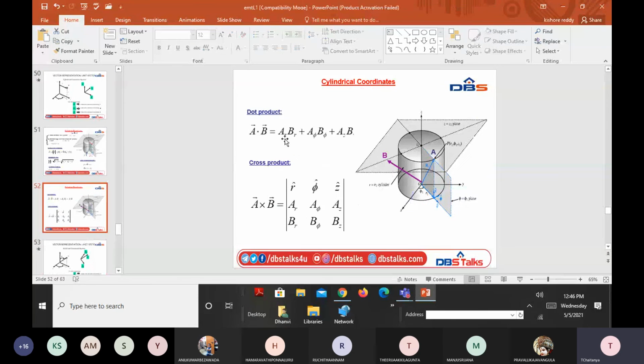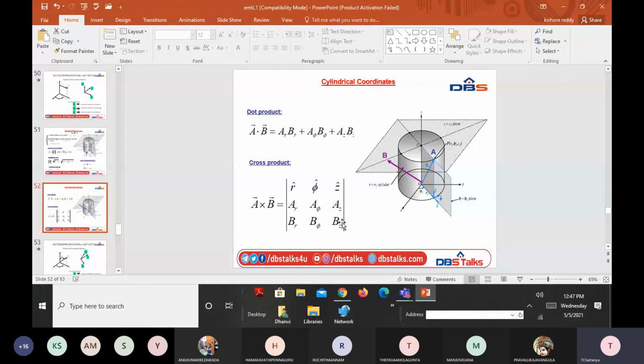For the cylindrical coordinate system, we have the representation r, phi, z. In the previous case we saw x, y, z, which is the Cartesian coordinate system. In the cylindrical coordinates, consider A with components A r, A phi, A z and B vector with coefficients B r, B phi, B z.